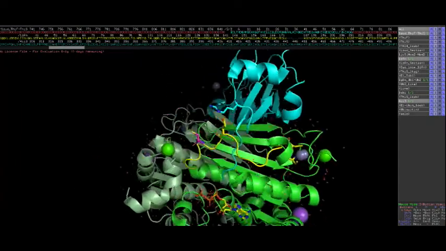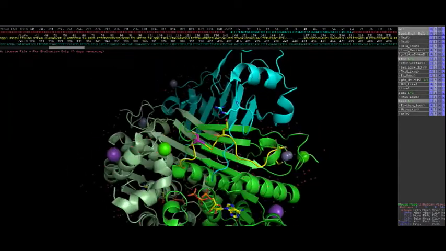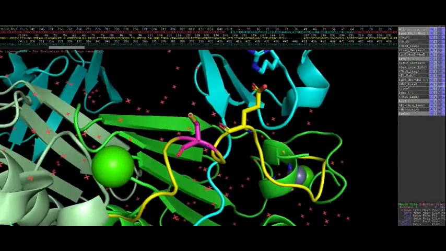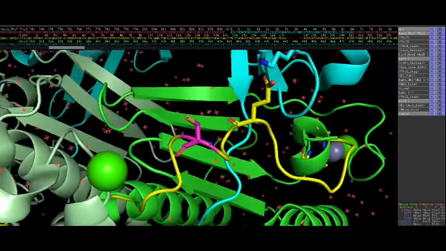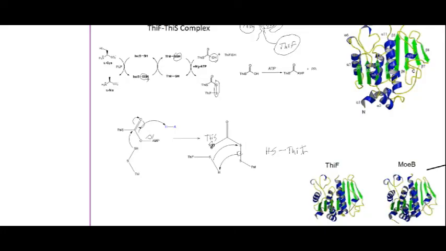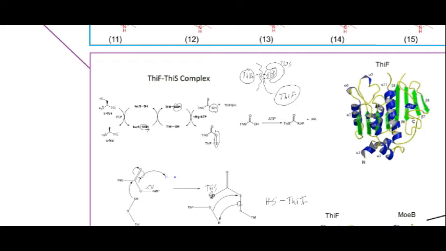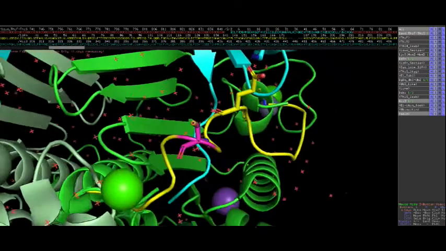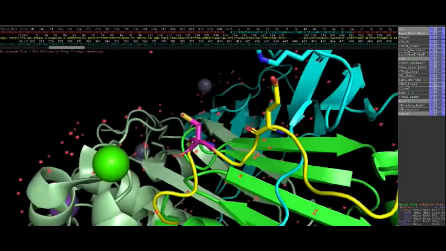they didn't have the sulfur substrates in, but they said that this cysteine right here on the THIF would be the one that would be bound to the sulfur. So it would be this sulfur right here on the THIF and that persulfide right there. They claim in the paper that this is the cysteine that would be involved in that.